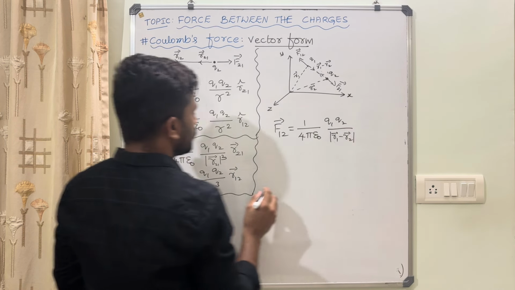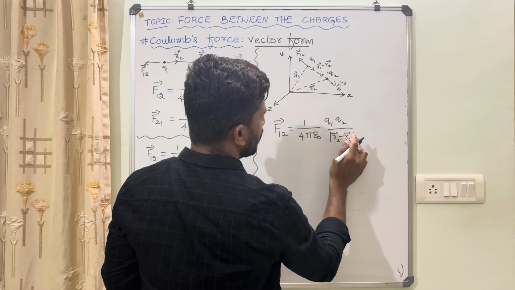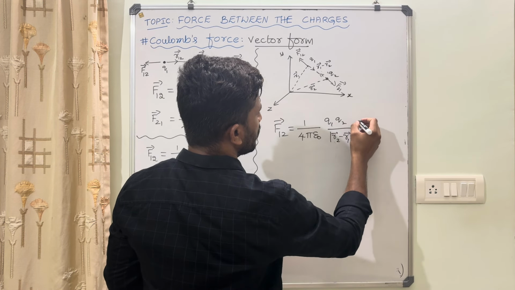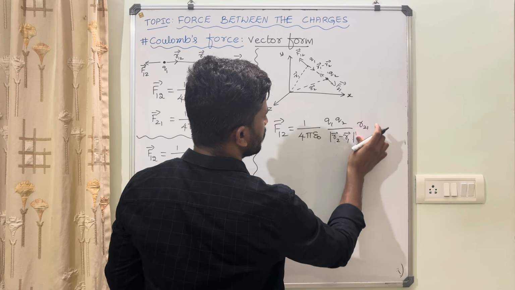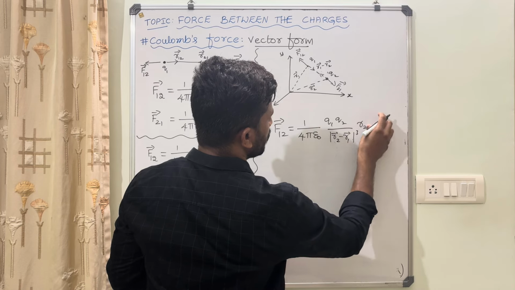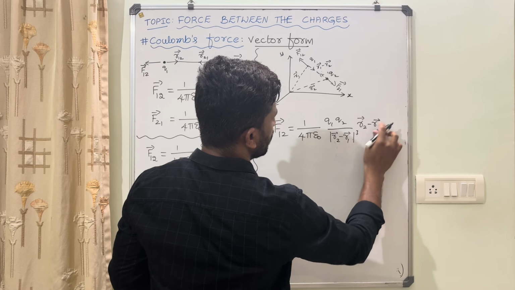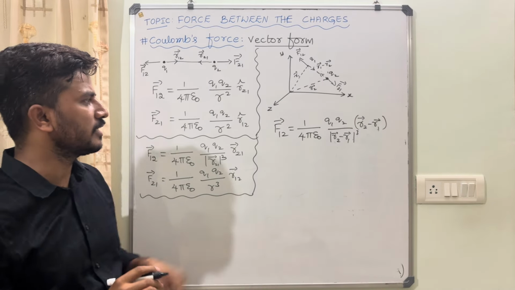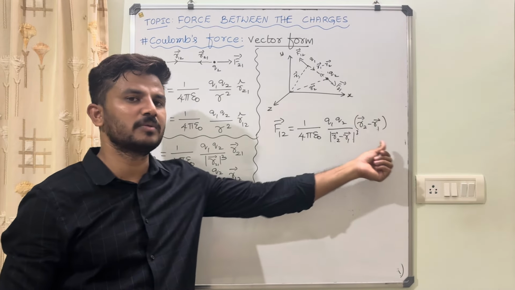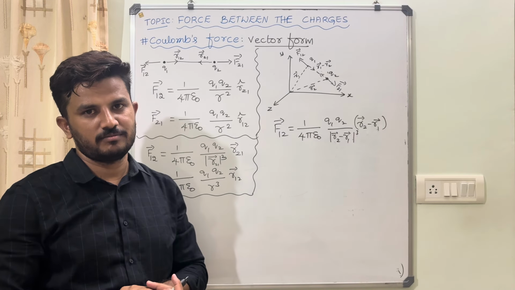So we have to take r21, you can take r2 minus r1 also. Here it is cube, r2 minus r1. Like this we can write, or F21 is equal to r1 minus r2 also, by using the triangular law of vector addition.